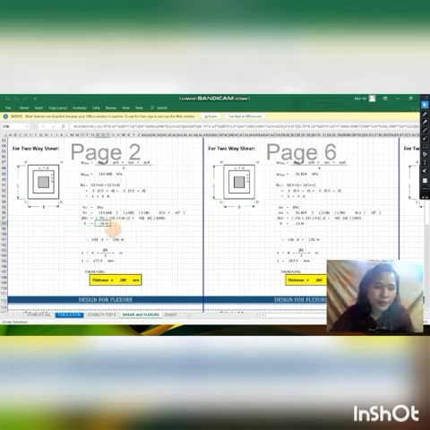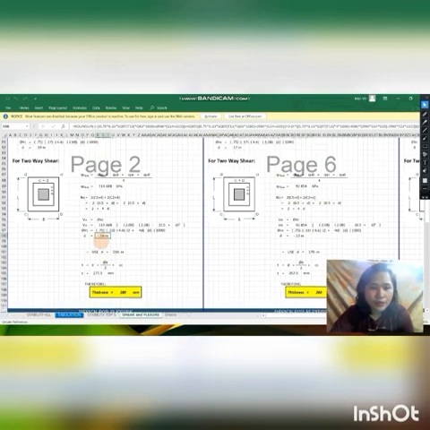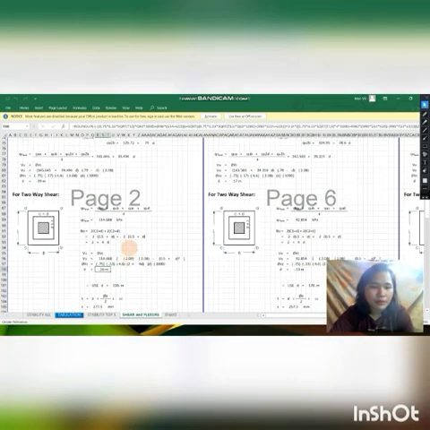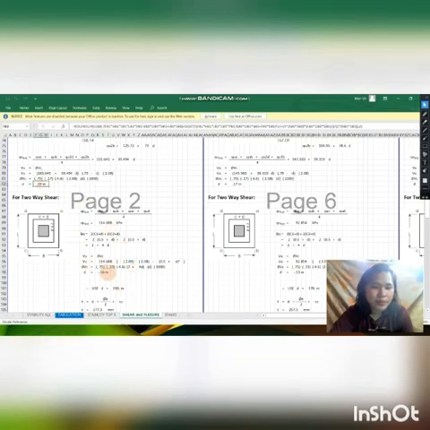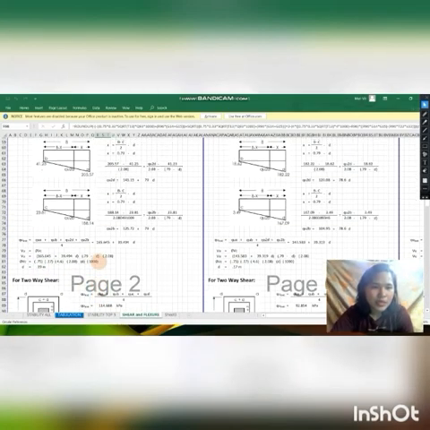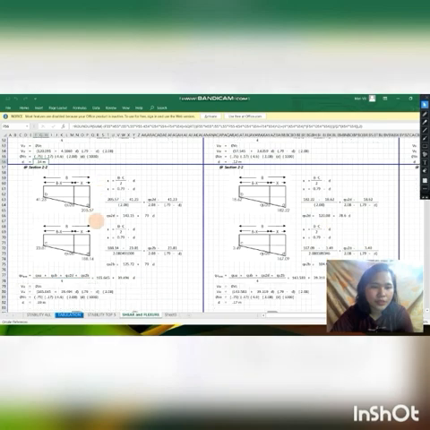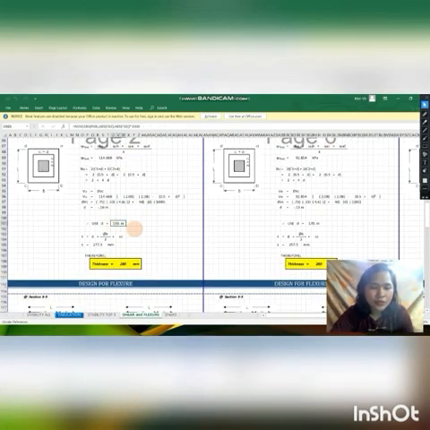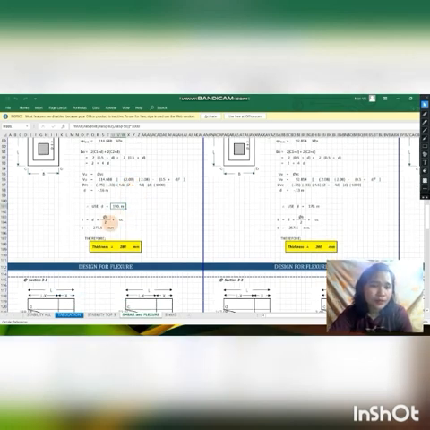So comparing the three values of D, we will get the largest value, which is 0.19, because the two others are 0.16 and 0.14. So the largest is 0.19, so we will use D is equal to 190 millimeters.